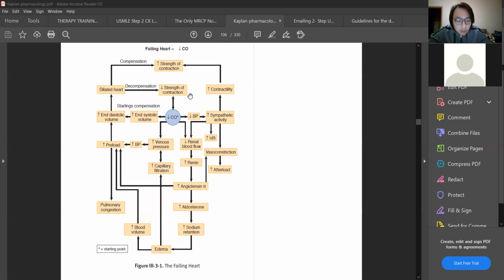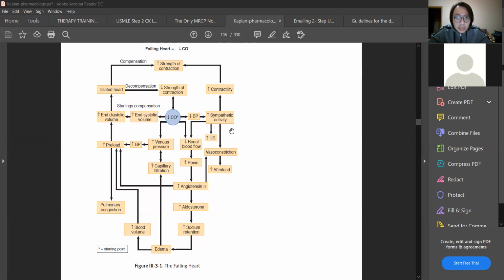When it's not compensated anymore, this entire system falls. It cannot adapt to it anymore. And you'll see venous congestion in your venous system.